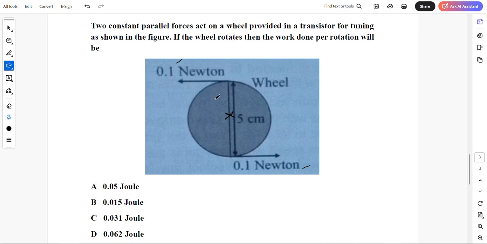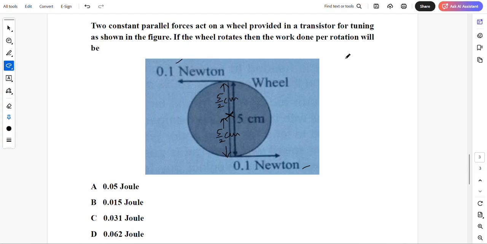Now, how much is the torque? These two forces are equal in magnitude. Perpendicular distance will be 5 by 2 centimeter, and this is also 5 by 2 centimeter. This is the diameter they have given, this is the radius.